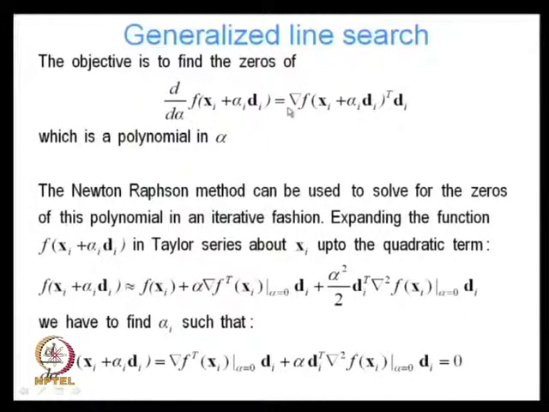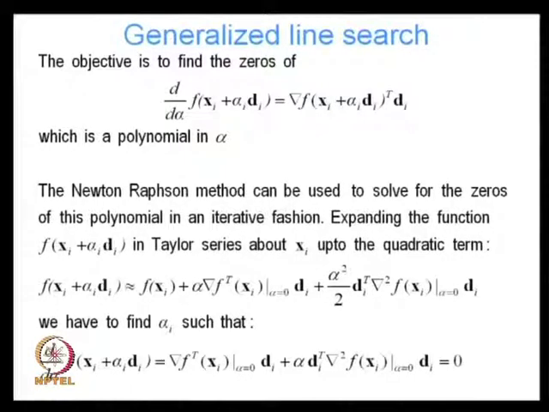You calculate the gradient and you take the projection of that in the d direction, right. You get a polynomial in alpha, and then you can use the Newton-Raphson method. So, this is a general polynomial in alpha. You can solve it using the Newton-Raphson method to solve for the zeros of this polynomial in an iterative fashion.